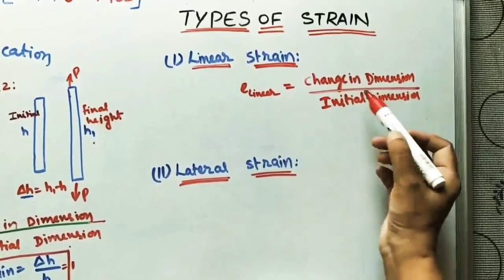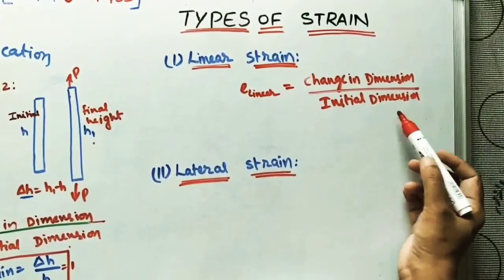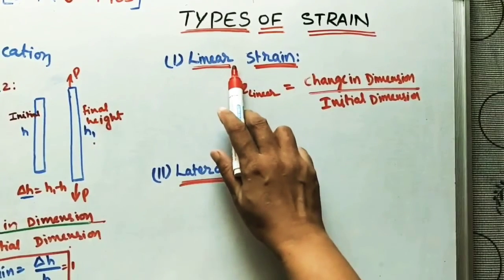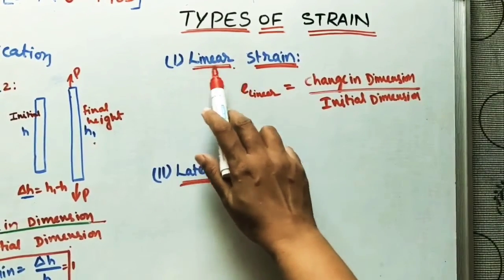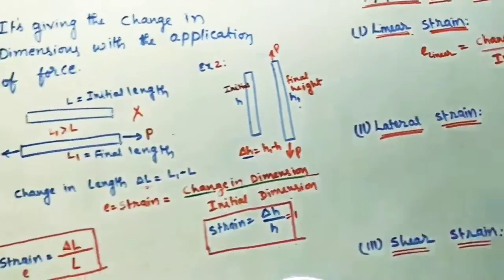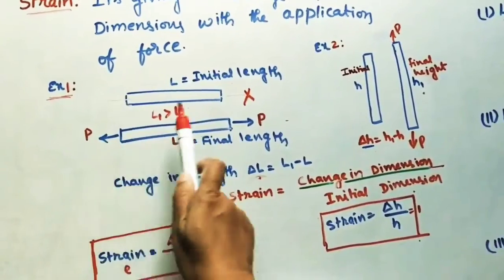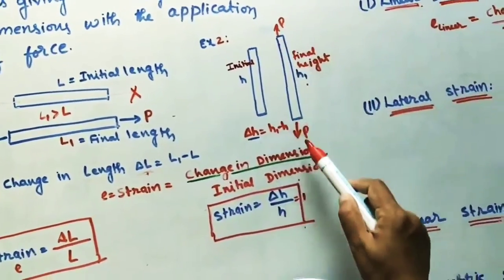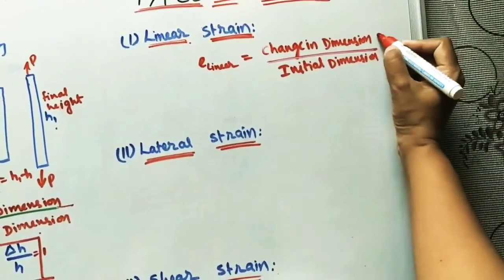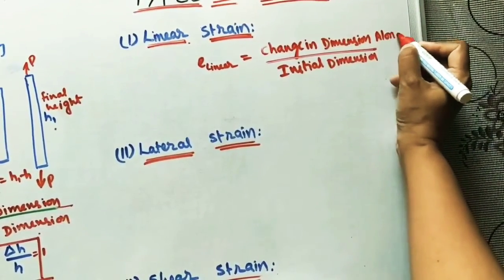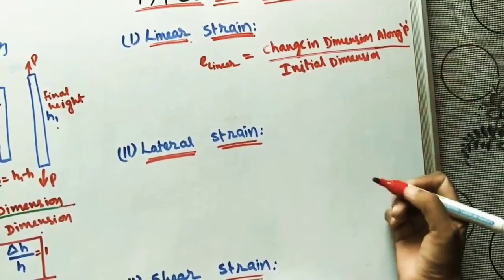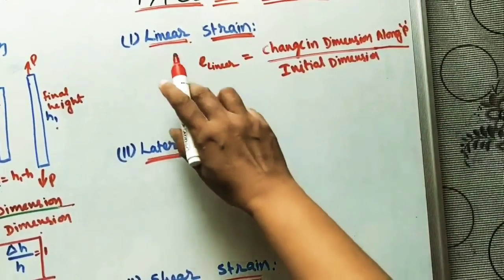This is also change in dimension to the initial dimension. But here we call it linear strain: whatever axis we are taking, along that axis, or along the applied load axis. We are applying the load along this axis. In these examples also, the applied load is along the x-axis, and the applied load is along the y-axis. So here it is the change in dimension along the application of load P, the applied force, to the initial dimension. So this is the linear strain.